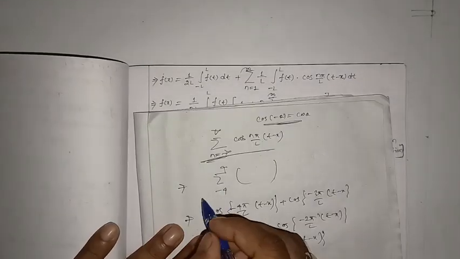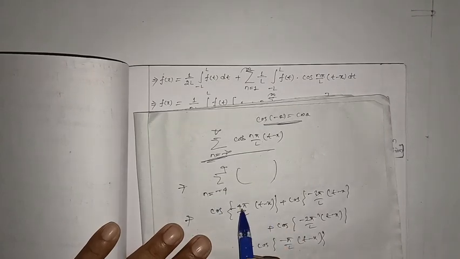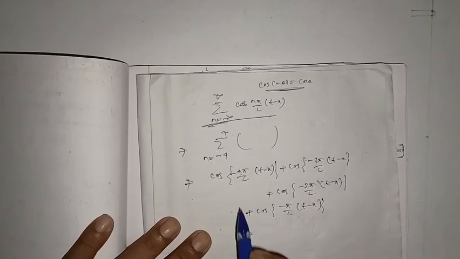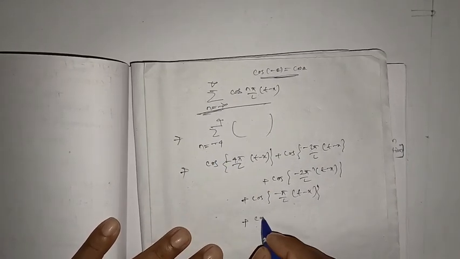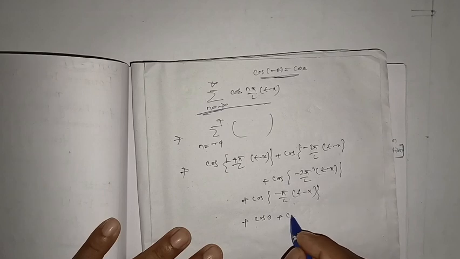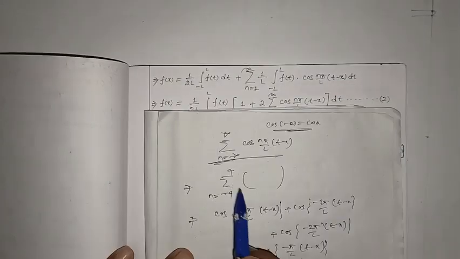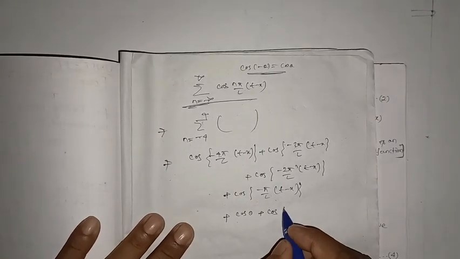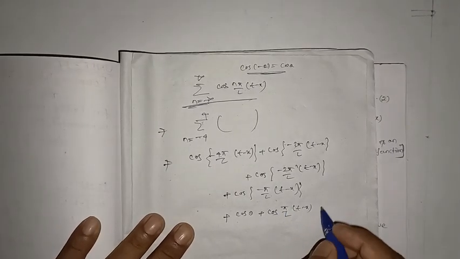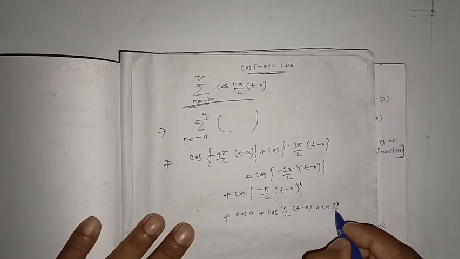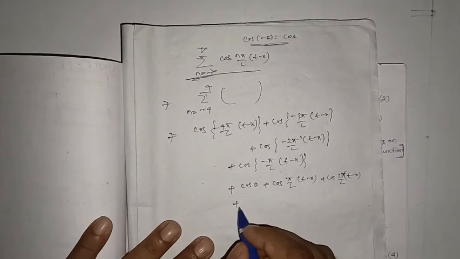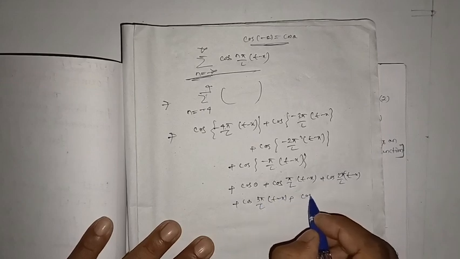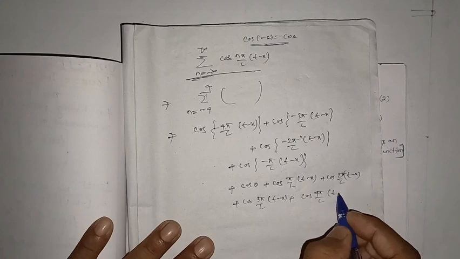I'm substituting the value of n: first 4, then 3, then 2, then 1, then n will be 0, then cos 0. Then plus the positive terms, that means from 0 we again have to move to 4: pi by L (t minus x) plus cos(2 pi by L into (t minus x)) plus cos(3 pi by L into (t minus x)) plus cos(4 pi by L into (t minus x)).